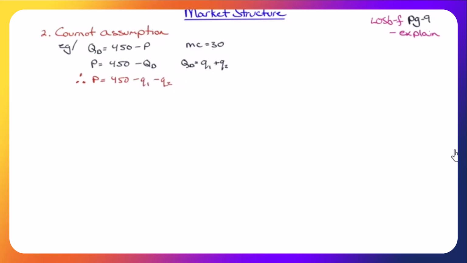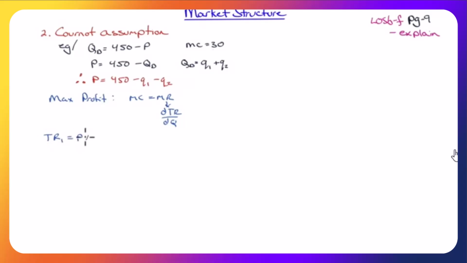And each firm, remember, is going to maximize its profit. That's the goal, maximize profit. And they do it at the point where marginal cost equals marginal revenue. And we know that marginal revenue is the first derivative of total revenue with respect to quantity. So we're going to need a total revenue curve for each of these firms. So let's take firm 1 and calculate TR1.